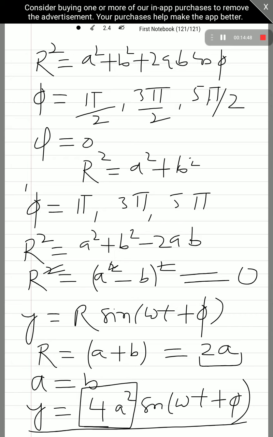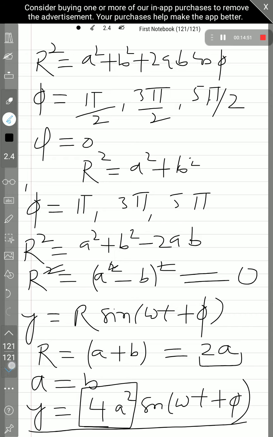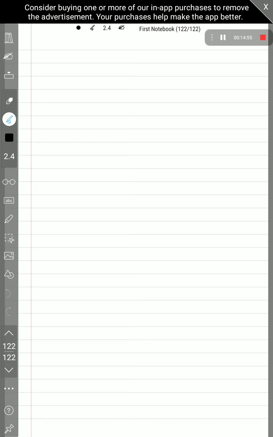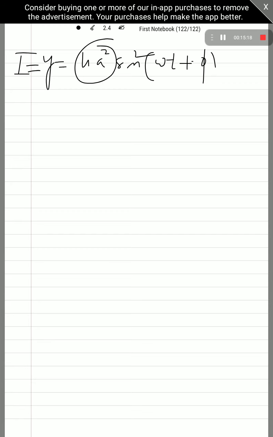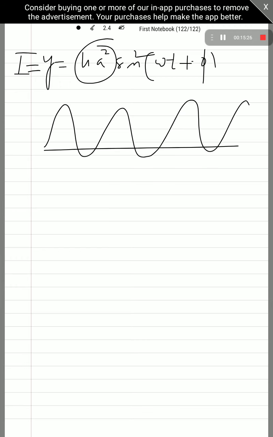If I want to plot it, I can write it in this form: y equal to 4A square sin(omega t plus phi). So it will be like that. This 4A square will be the intensity I. When I plot this, it will not cross the zero line.